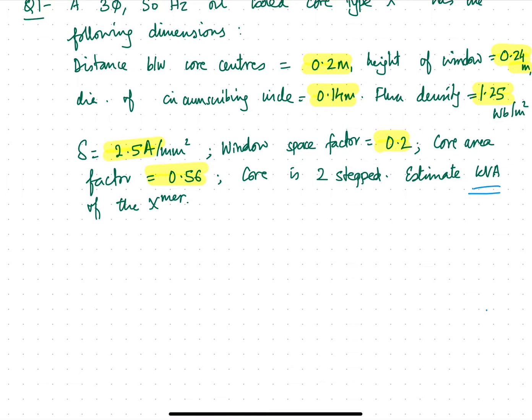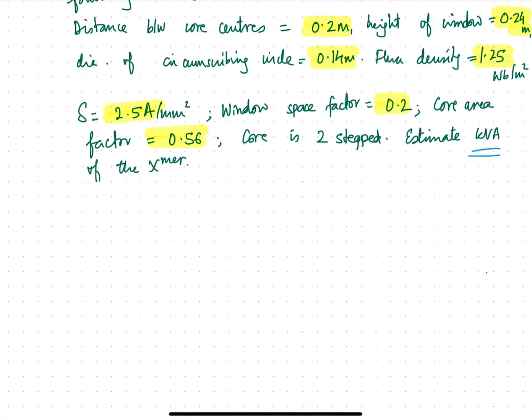The current density delta is 2.5 ampere per mm square. The window space factor is 0.2. The core area factor is 0.56. And you are also given that the core is two-stepped, so you have to estimate the kVA of the transformer.